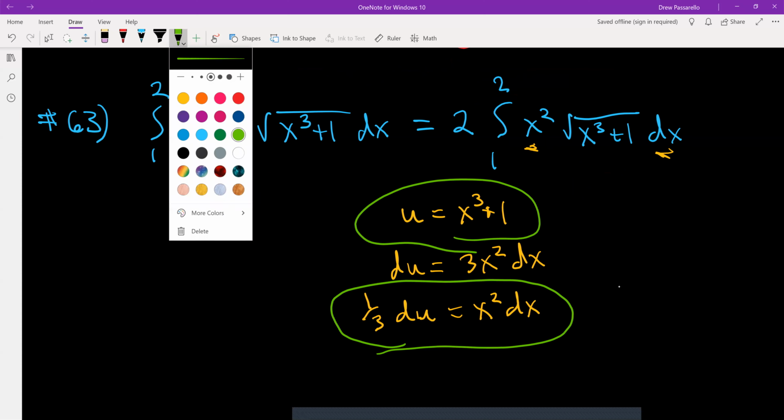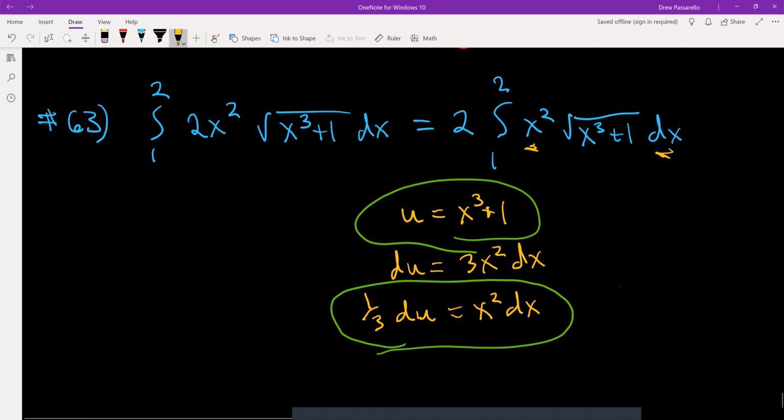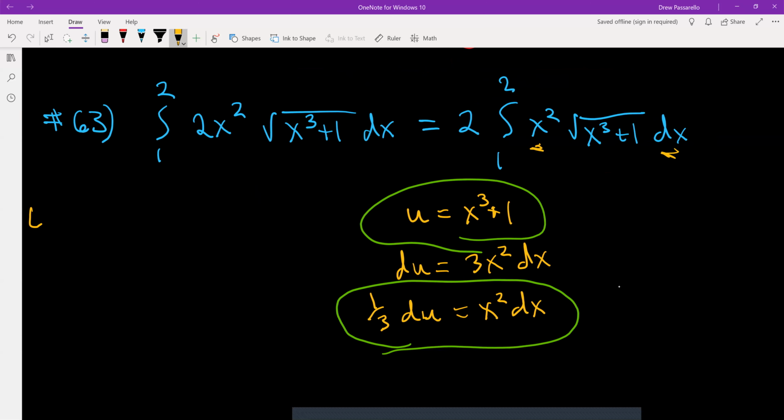Now I need to change the limits of integration. The first one is 1. So if x is 1, u is going to be 1 cubed plus 1, so that's going to be 2.